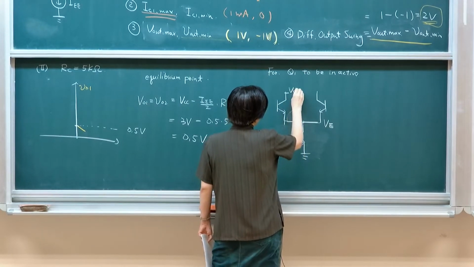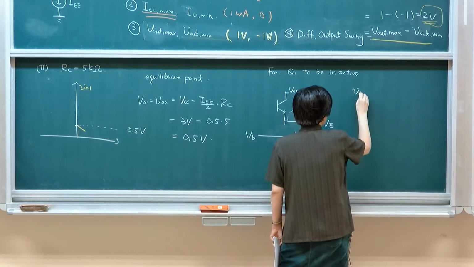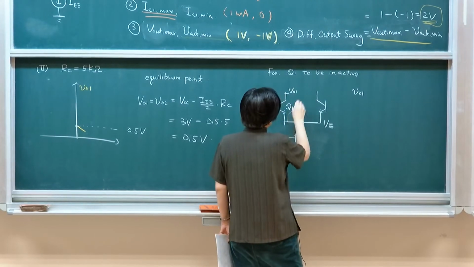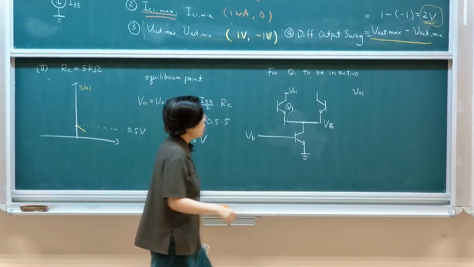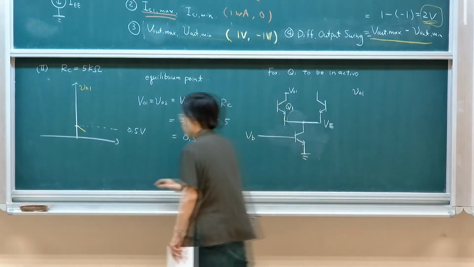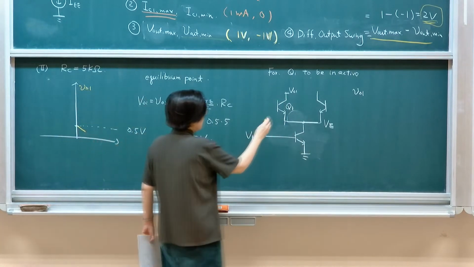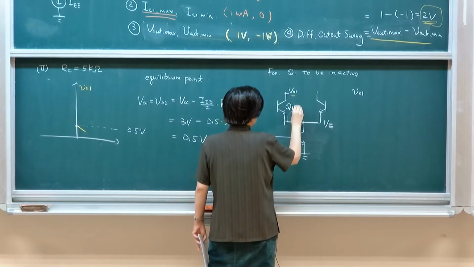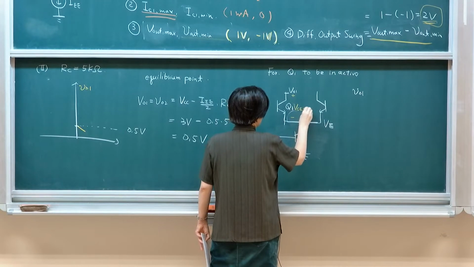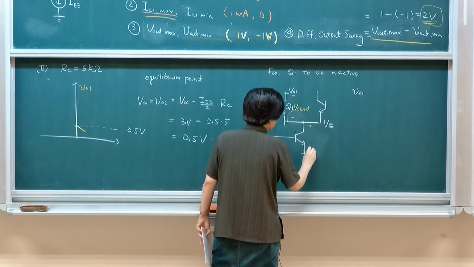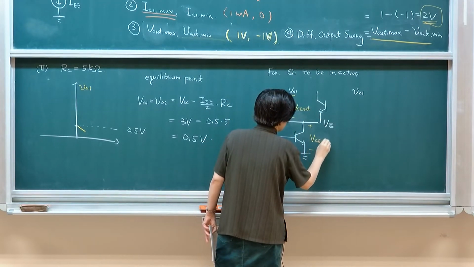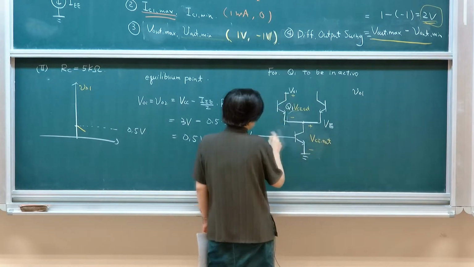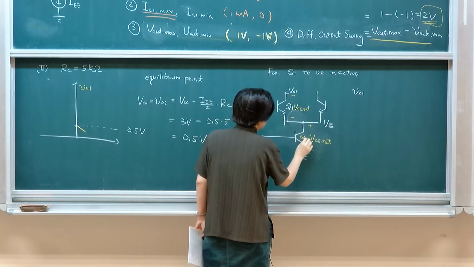So if you look at VO1, the minimum level of VO1 so that Q1 will be active will be a voltage across this. This is VCE set, and this is another VCE set. So VCE set of Q1, and maybe this is Q4.